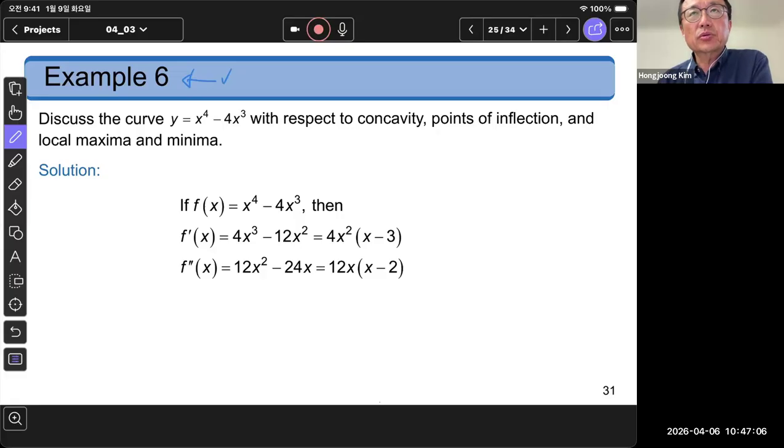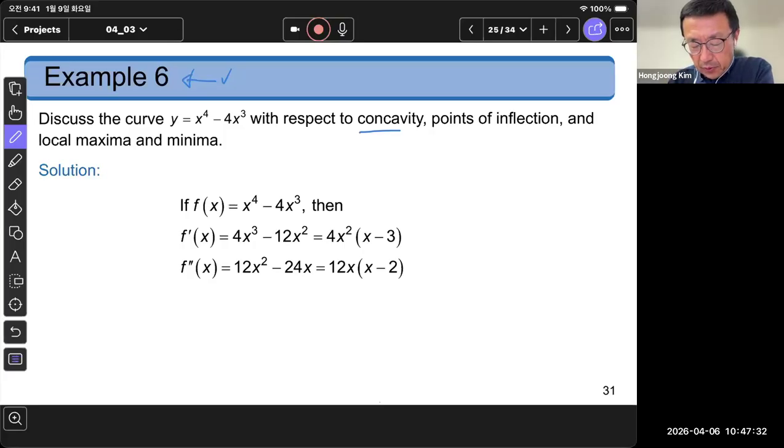I may ask you the concavity, points of inflection, local maxima, and so on. So in case of concavity, concavity depends on the sign of f double prime. So in order to answer this concavity question, I need to find f double prime.